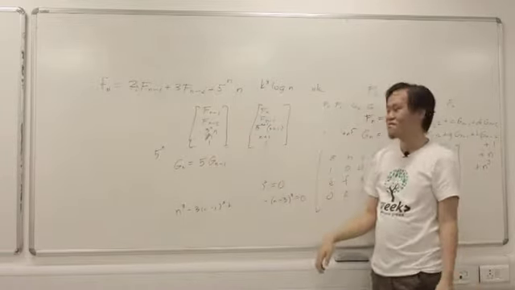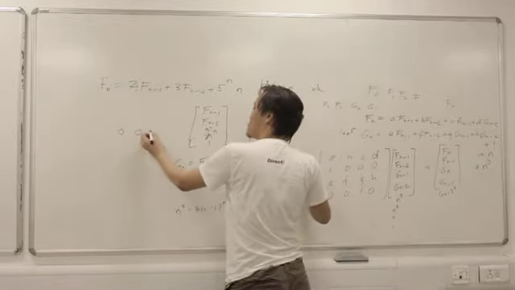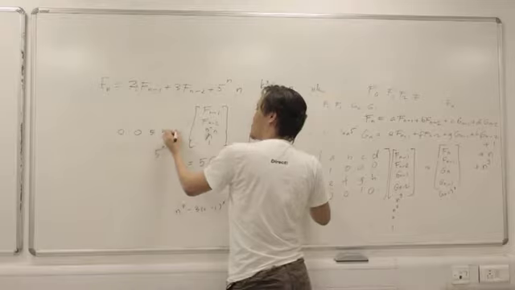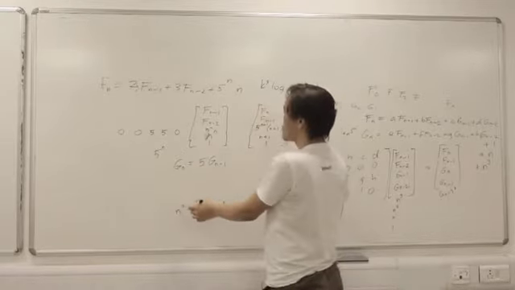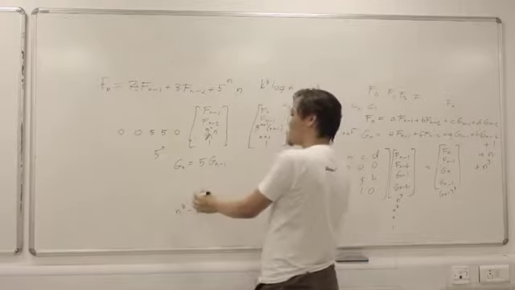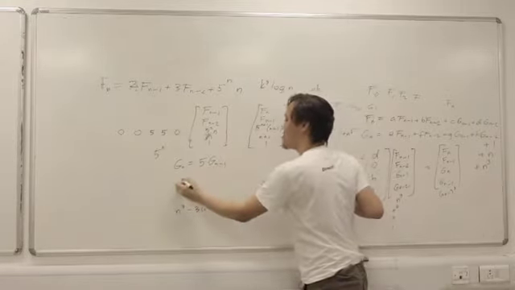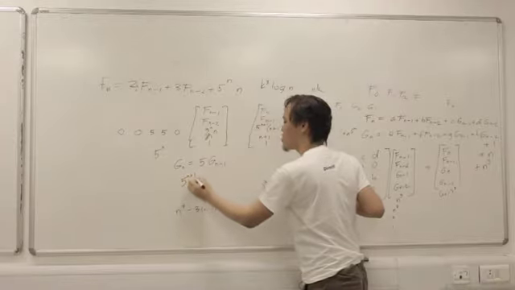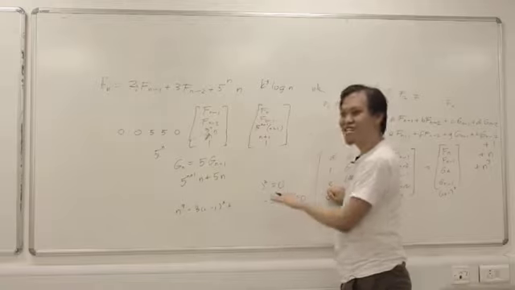0, 0, 5, 5, 0. Is that right? It will become 5 to the n plus 1 times n plus 5n. That's not right.